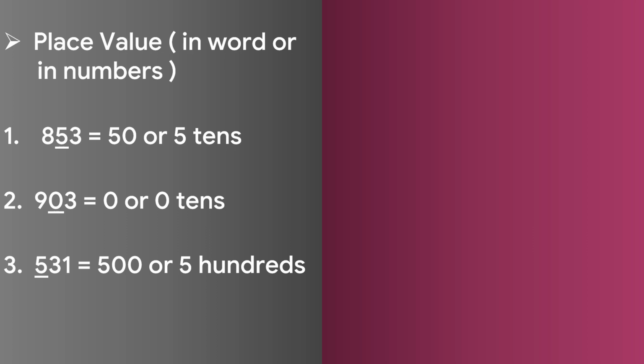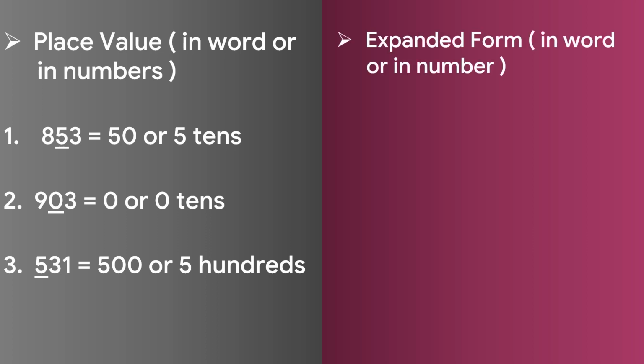Your next number is 531. Now below the 5 there is an underline. So you have to write down the place value of 5. 5 is in the place of hundreds, that's why you have to write down 500 in number first.